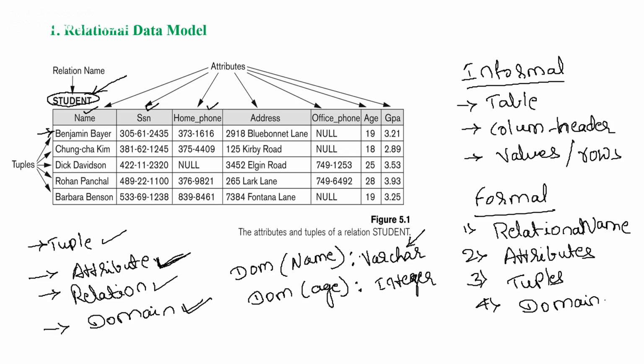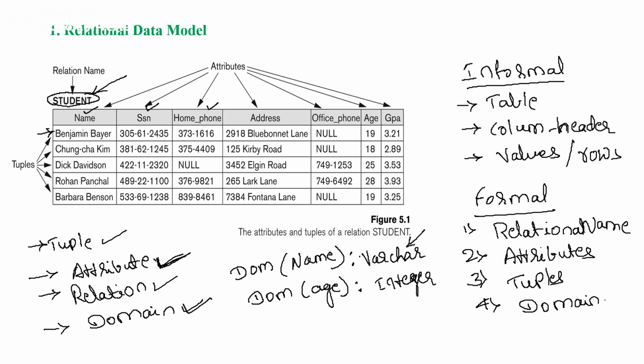So domain D is a set of atomic values, and atomic means each attribute or column accepts a single value. That is the meaning of atomic value.